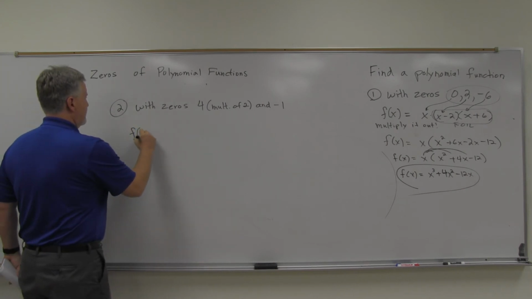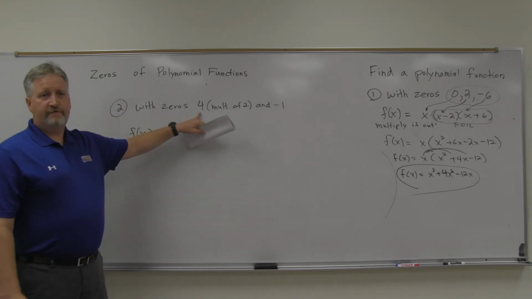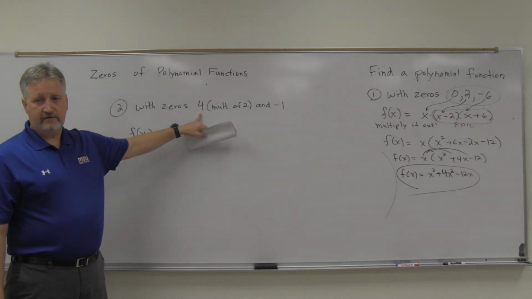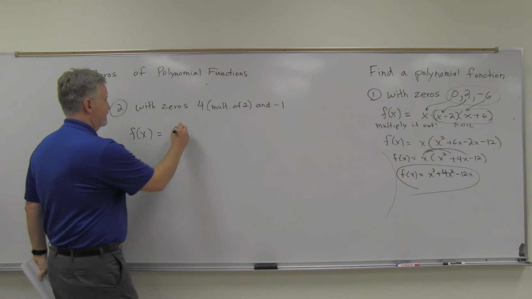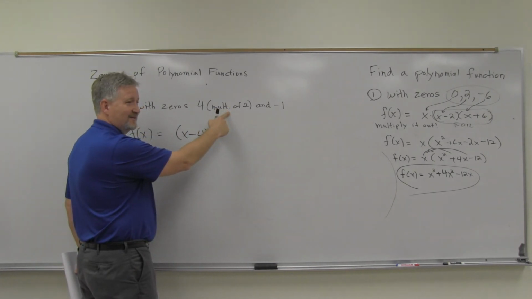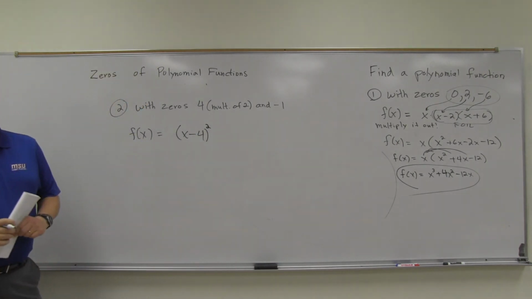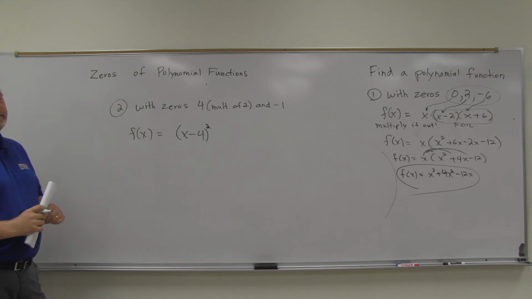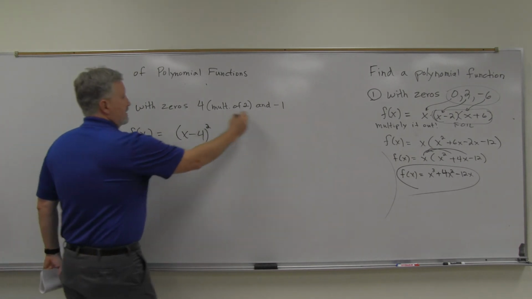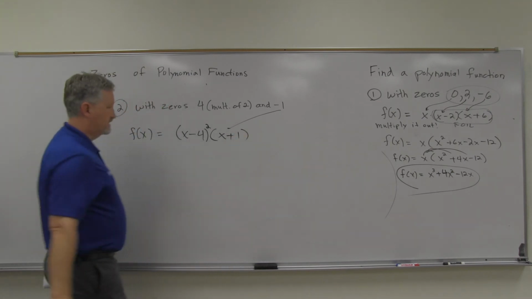If we've got a zero of 4, what's the factor? x minus 4. If it's a multiplicity of 2, what does that tell me? That tells me the power, doesn't it? So it's x minus 4 squared. And then the negative 1 would be plus 1, x plus 1.